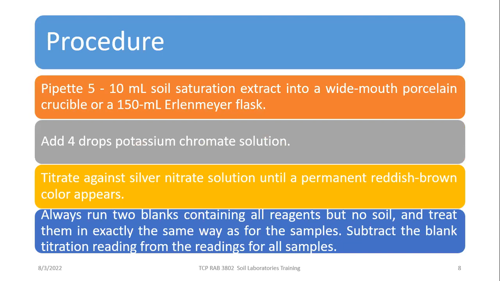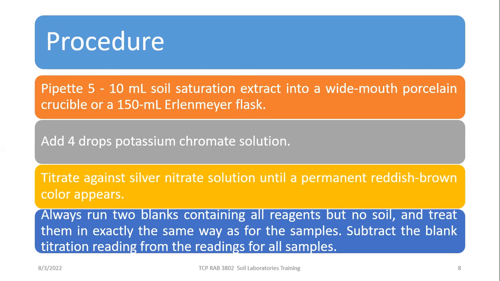The procedure: take 5 to 10 ml of soil extract into a wide mouth porcelain crucible or 150 ml Erlenmeyer flask or conical flask. Add as indicator 10 drops of potassium chromate, and then titrate against silver nitrate solution until a permanent reddish brown color appears.